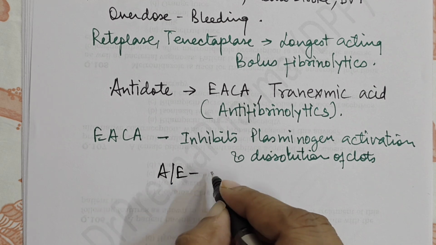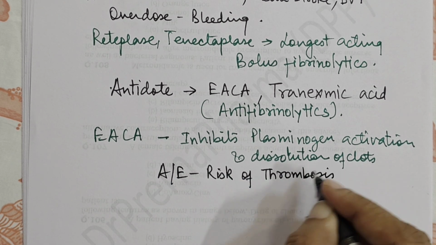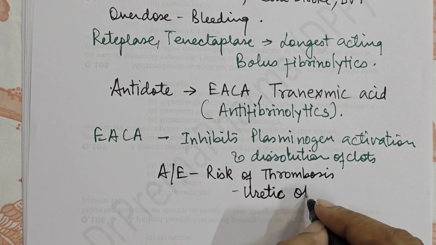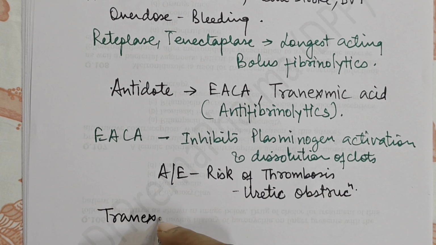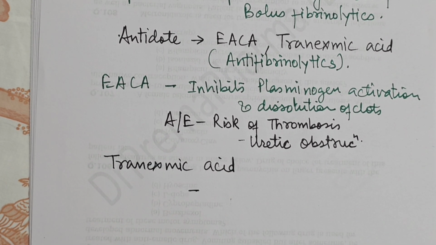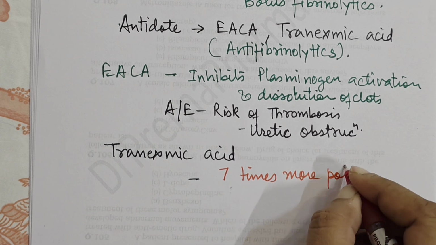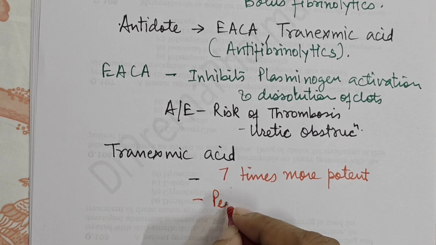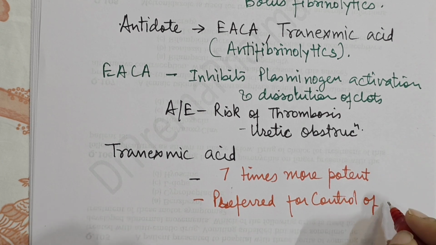Now what is the adverse effect? There is a risk of thrombosis. They can result in thrombosis, and they can result in ureteric obstruction. Then tranexamic acid. Tranexamic acid is 7 times more potent than EACA. It is preferred for control of bleeding.